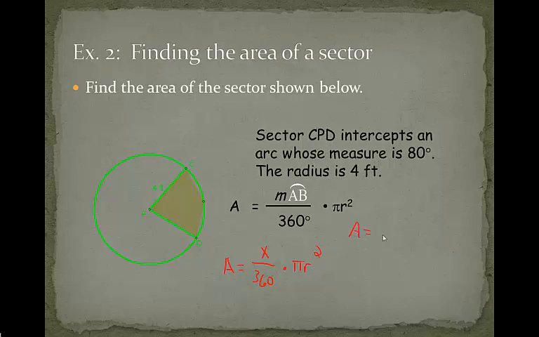So area equals x over 360 times pi times 4 squared, which is 16. Okay, so 16 pi. Got it?